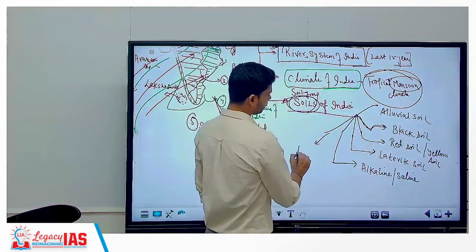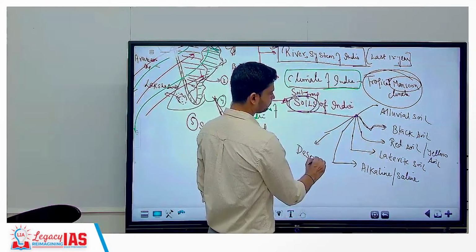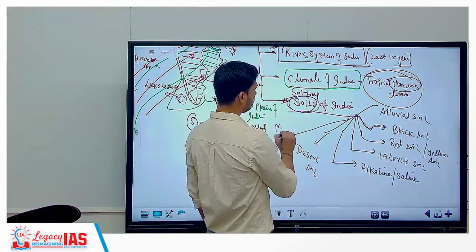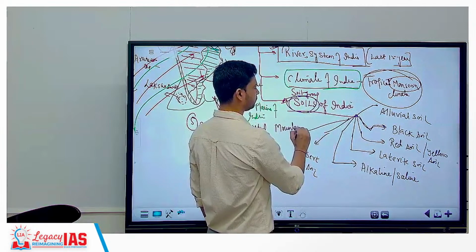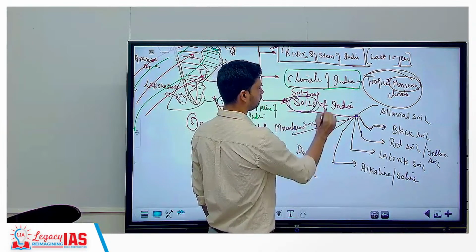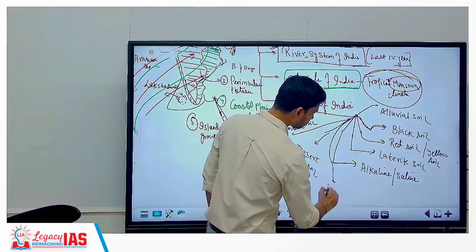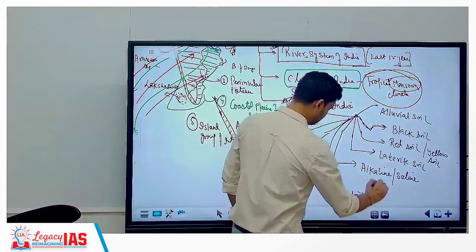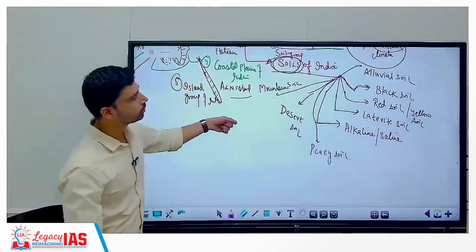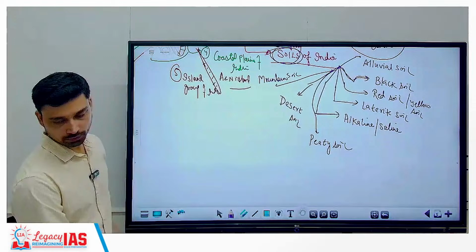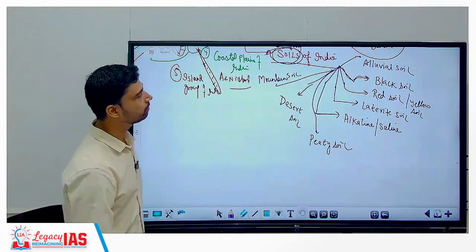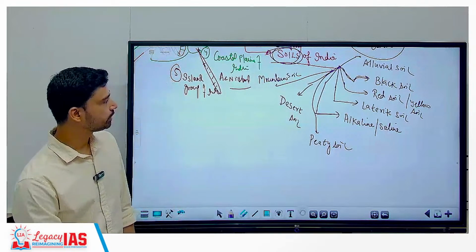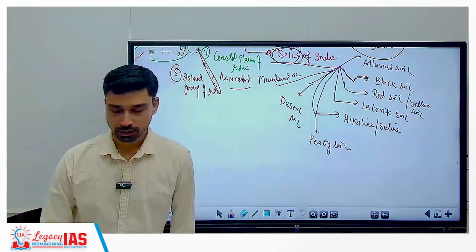Then we have desert soil, mountain soil, and peaty soil. These are the total 8 types of soils in India. Alluvial soil, black soil, red soil, laterite soil, alkaline saline, peaty, desert, and mountains.